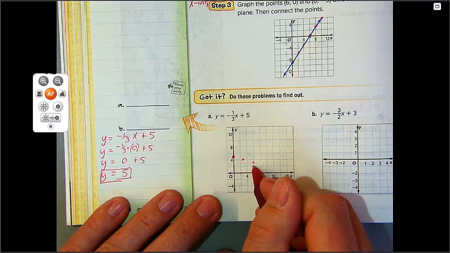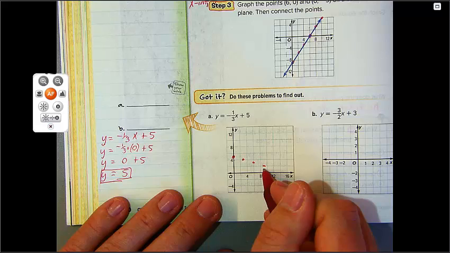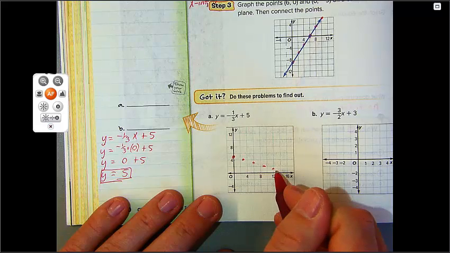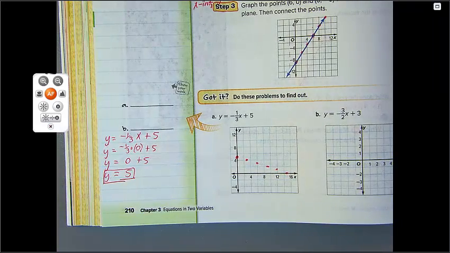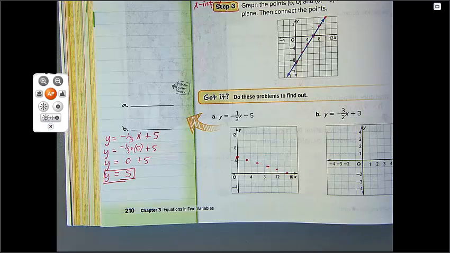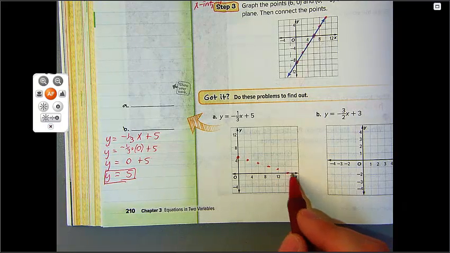Down 1 over 1, 2, 3. Down 1 over 2, and then 3. So we should have a straight line that's going about like that.